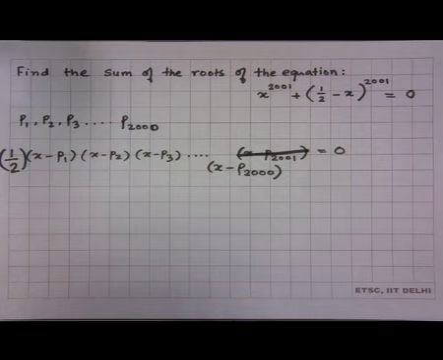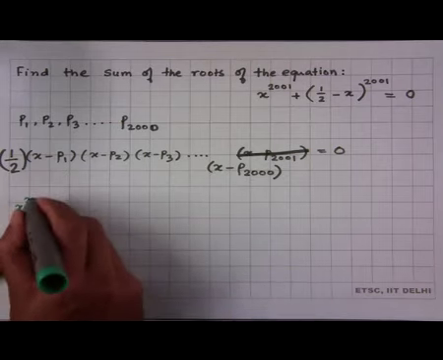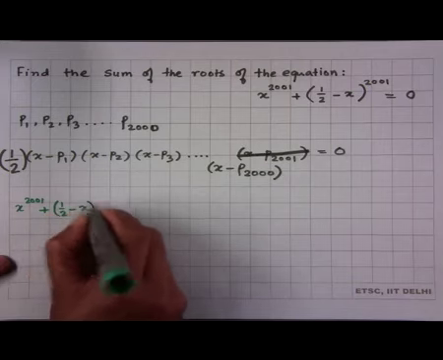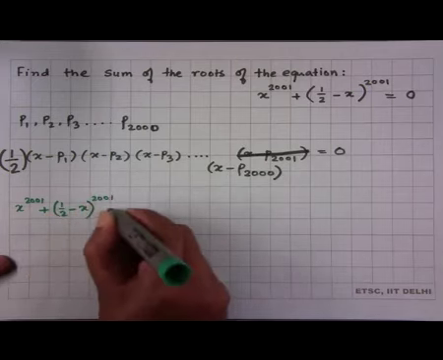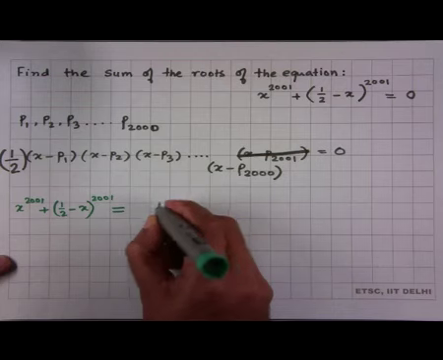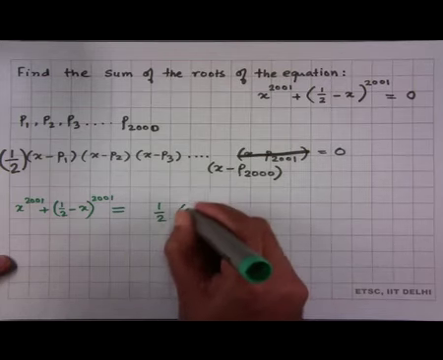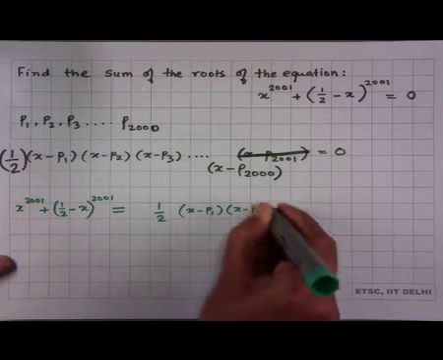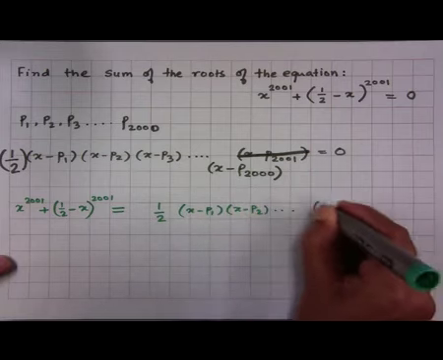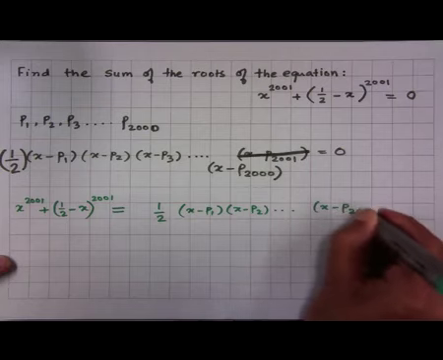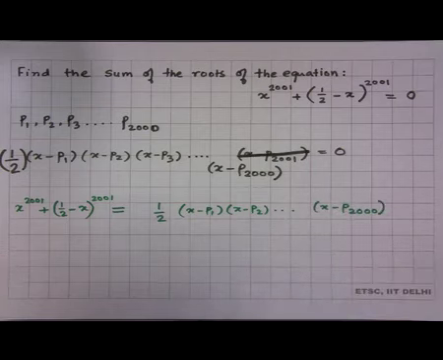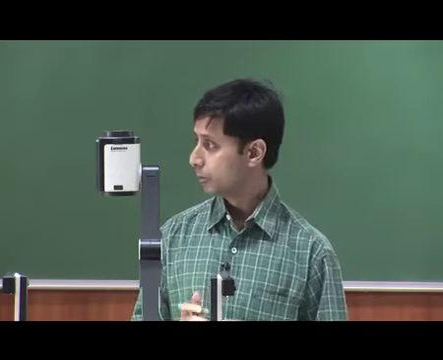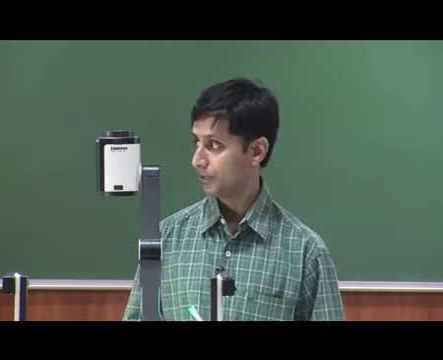So, I am declaring that x to the power 2001 plus (1/2 minus x) to the power 2001 is equal to half times (x minus p1) times (x minus p2) all the way till (x minus p2000), where p1, p2, p3 and so on are all the roots of the polynomial.